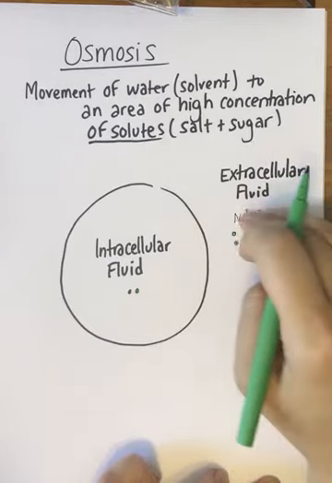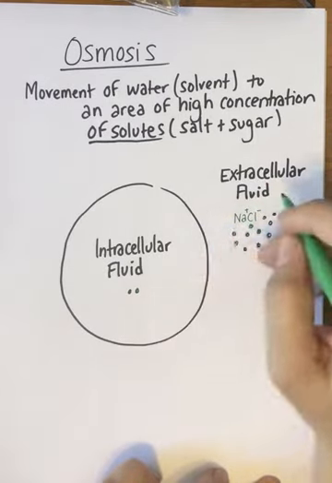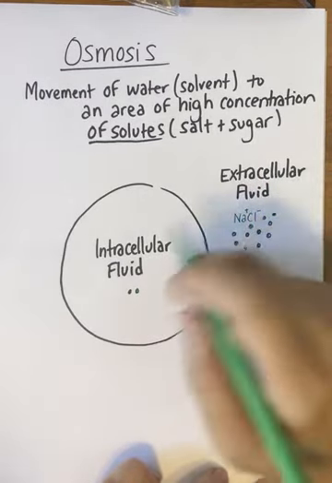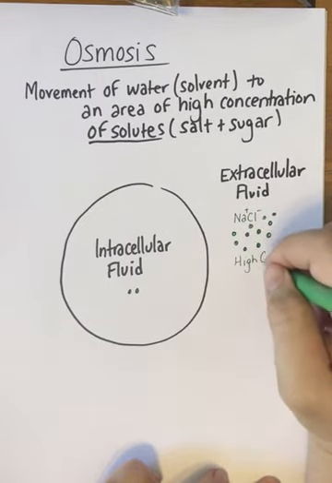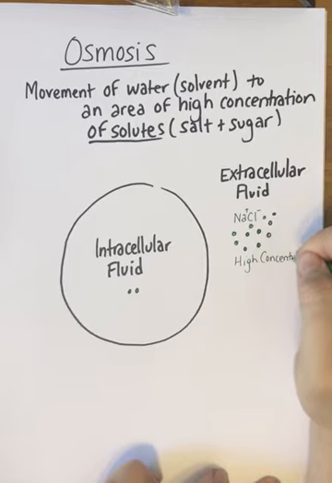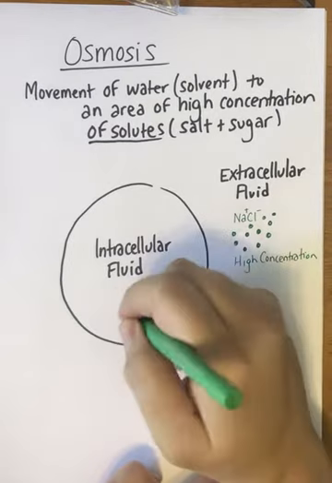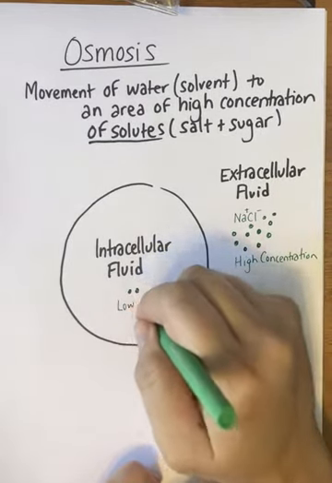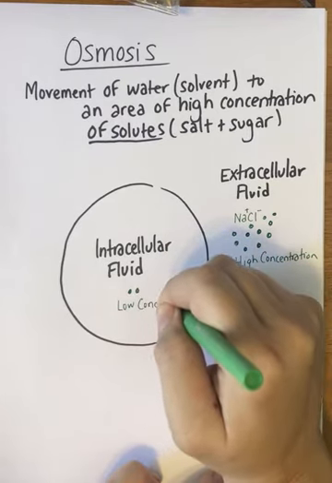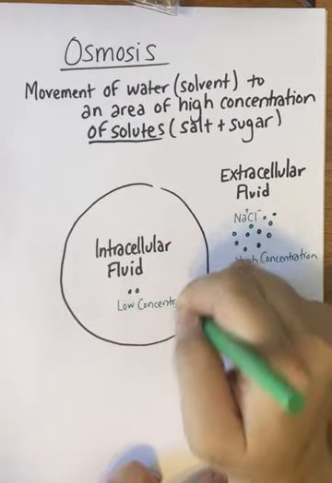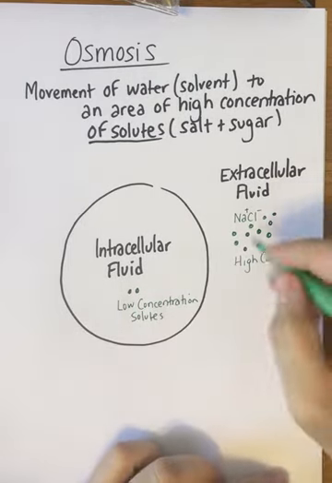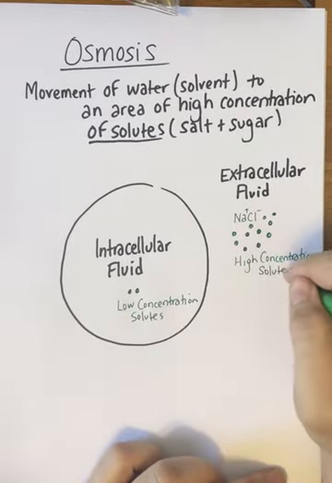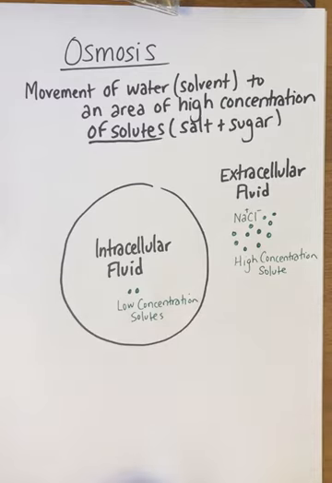So when we talk about this, we would say that there's an osmolarity or osmotic concentration gradient. This is a high concentration of solutes on the outside versus a low concentration of solutes on the inside. Water always moves to the area of higher concentration of solutes.